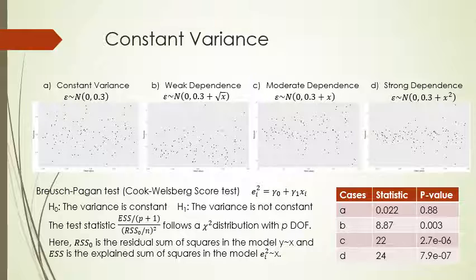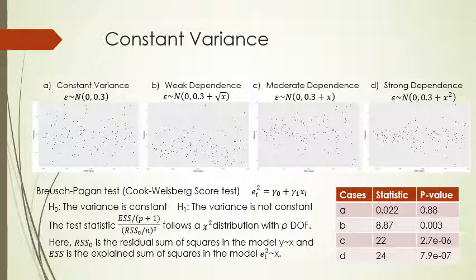A variant of the test uses n times R squared from the second regression model as the statistic. If the test statistic has a p-value less than alpha, then the null hypothesis of constant variance is rejected.